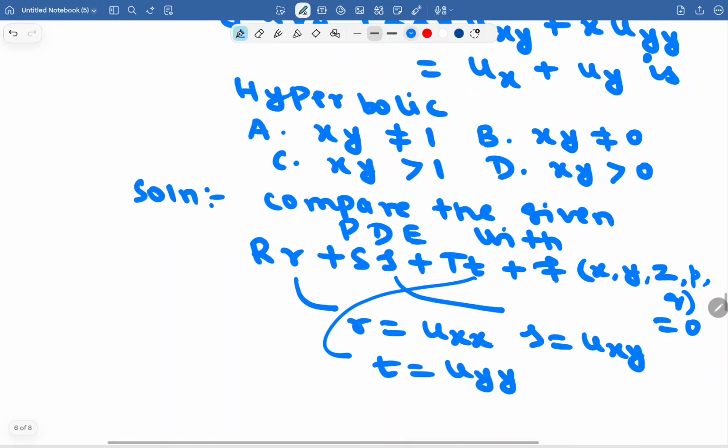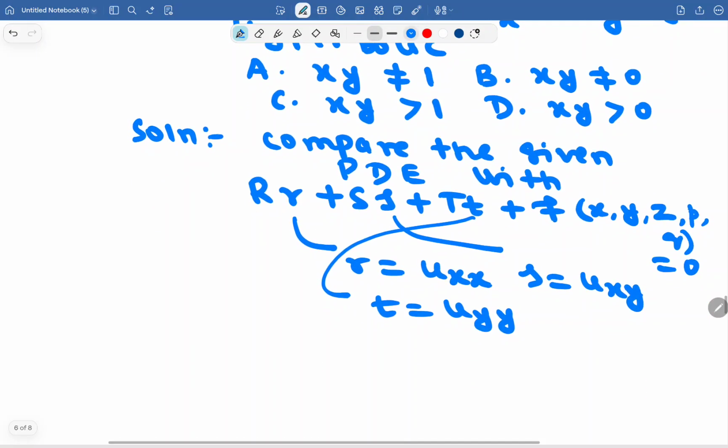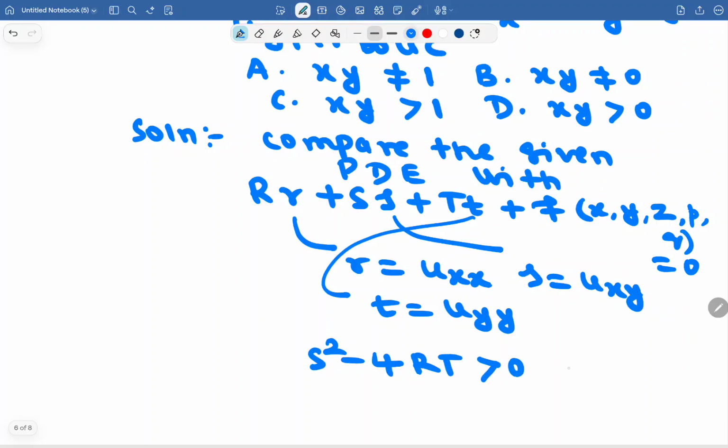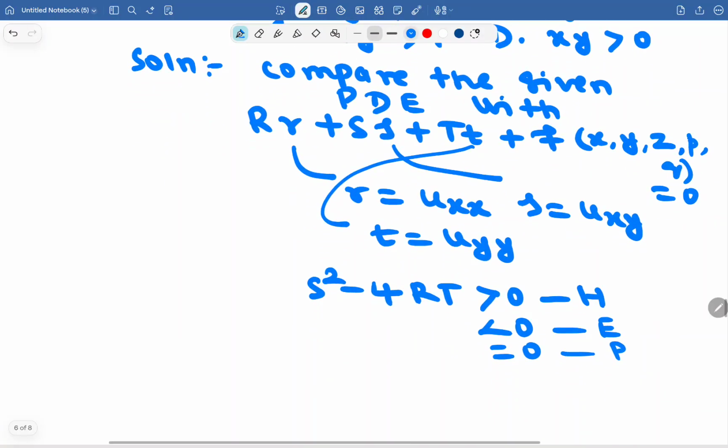And also the condition for hyperbolic: s square minus 4rt greater than 0 for hyperbolic, less than 0 for elliptic, equivalent to 0 for parabolic. Here the problem is given hyperbolic. Therefore find s square minus 4rt.